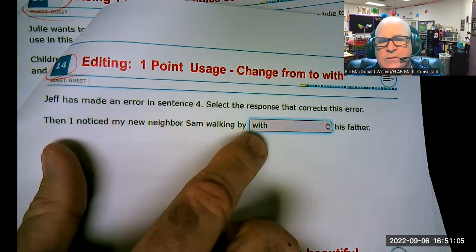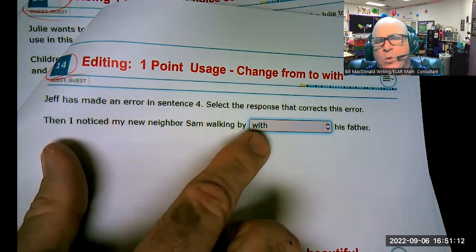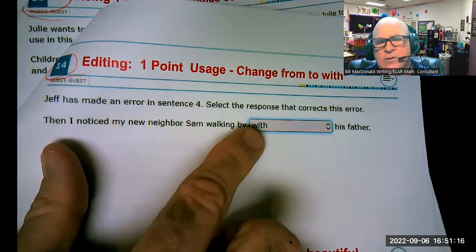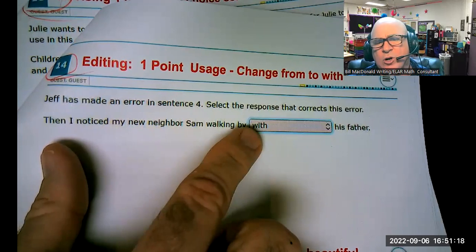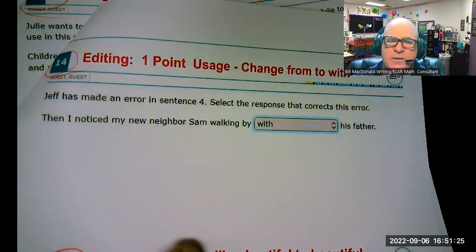What I did notice is that the answer key, at least when I saw them, wasn't complete. The editing and revising was added later, and so they weren't showing those answers, so I was having to just do my homework myself.